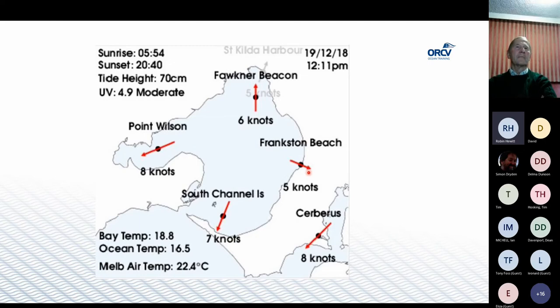In fact, if there's more and more temperature difference between the land and the water, the wind will blow stronger and the direction will shift and become an ocean sea breeze based around Bass Strait rather than the bay.